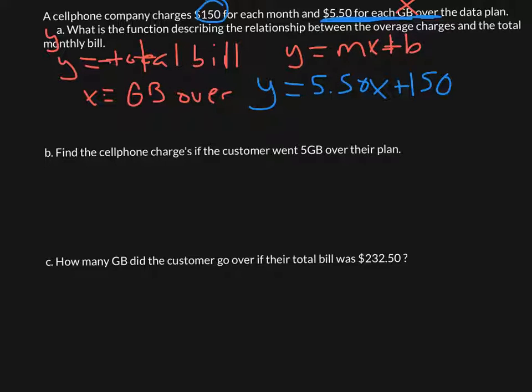It says find the cell phone charges if the customer went 5 gigabytes over the plan. There's my information. That's going to go in for my x, so we're going to plug 5 in for x.